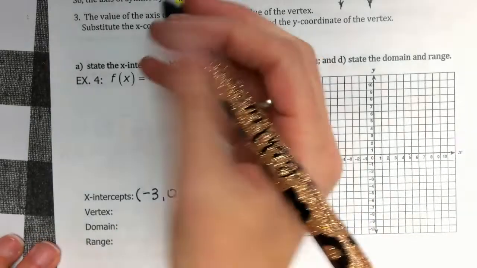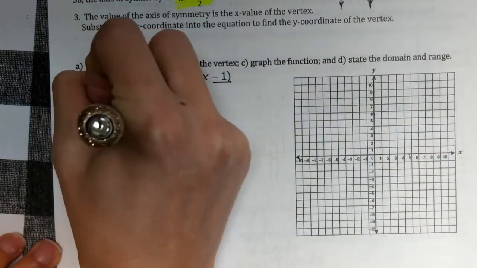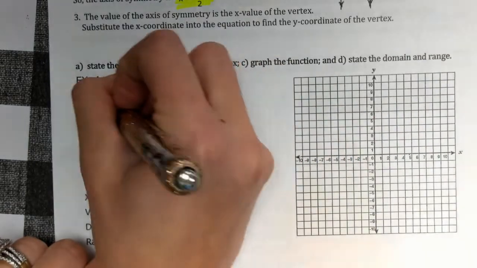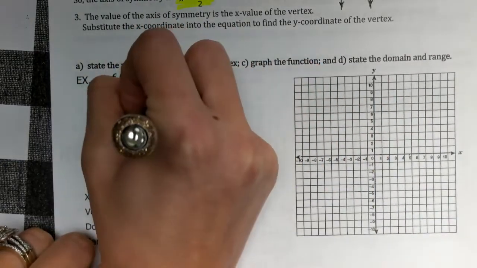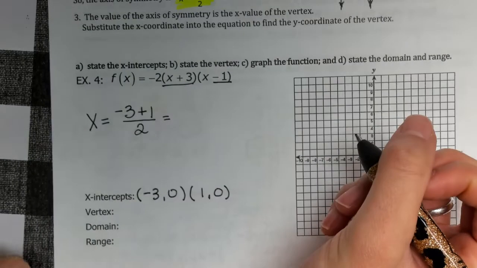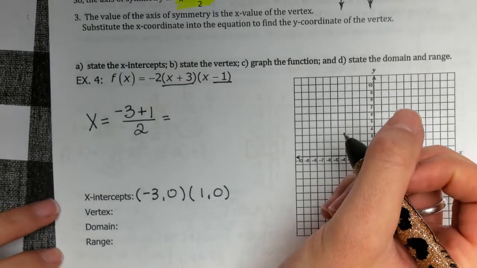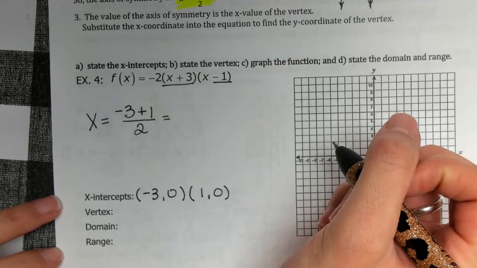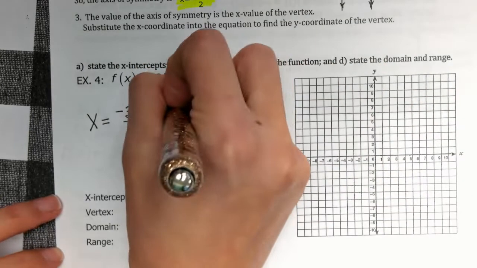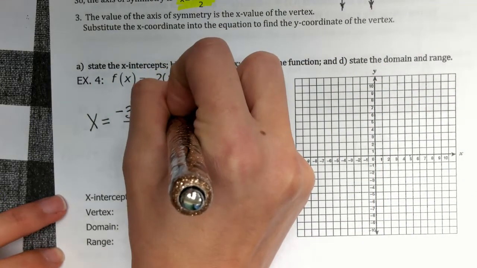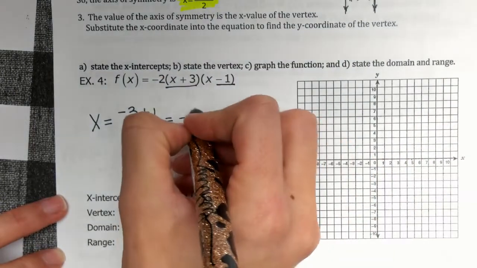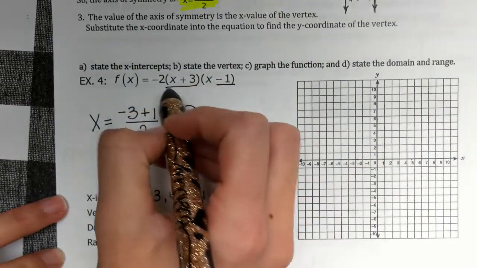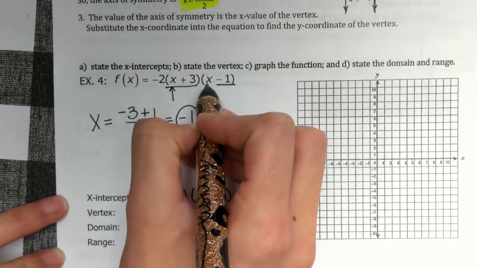Now, for the x value of my vertex, I take my negative 3 plus my 1 and divide it by 2. So negative 3 plus 1 is that p plus q. That gives me negative 2 divided by 2, which is negative 1. I'm going to take this negative 1 and plug it in for my x's.